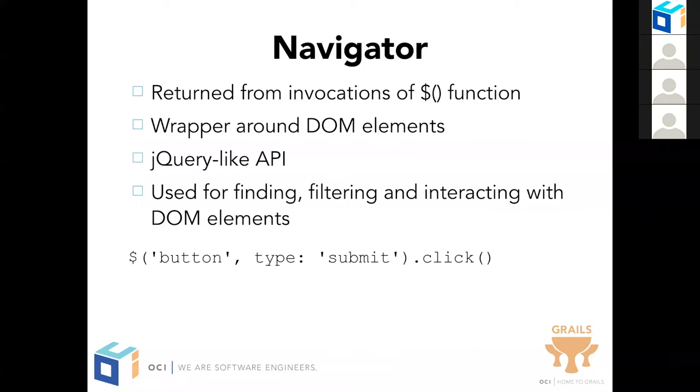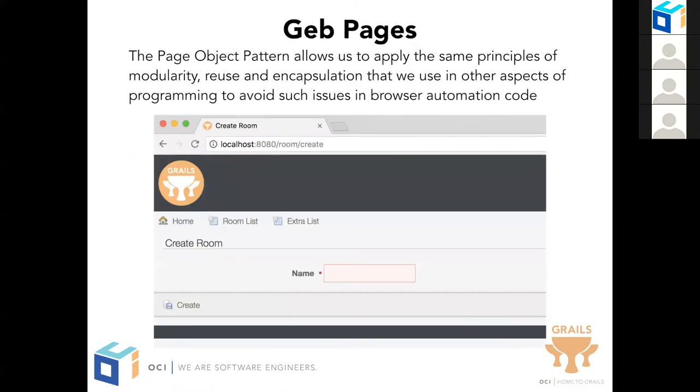The $ function is used to find and filter DOM elements on the page, and you use Navigator objects to interact with that content. So, for example, set the value of form elements or click a button. You have a very, very basic example on this slide of selecting a submit button and then clicking on it.